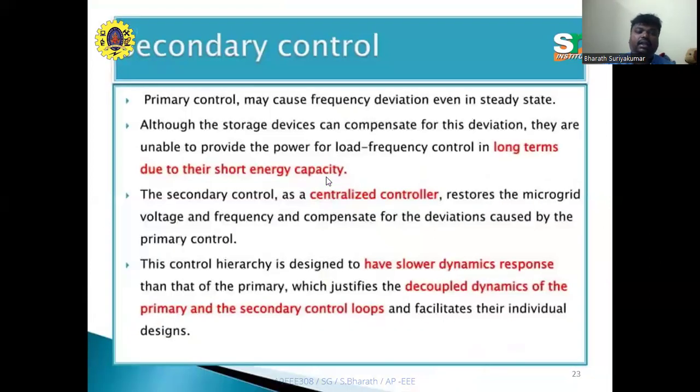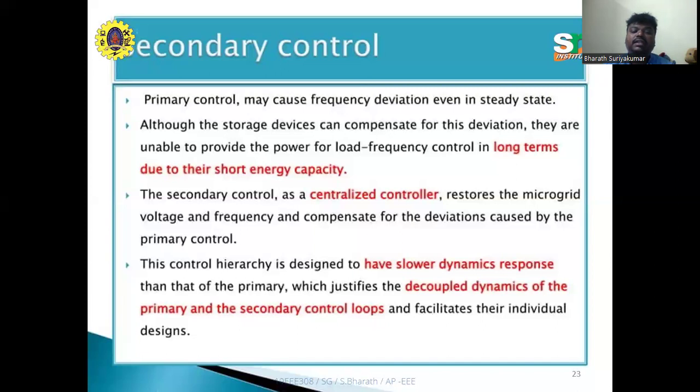What is the secondary control? A primary control may cause frequency deviation even in steady state. Although the storage devices can compensate for this deviation, they are unable to provide the power flow for load frequency control in the long term due to their short energy capacity. The secondary control, as a centralized controller, restores the microgrid voltage and frequency and compensates for deviations caused by the primary control.